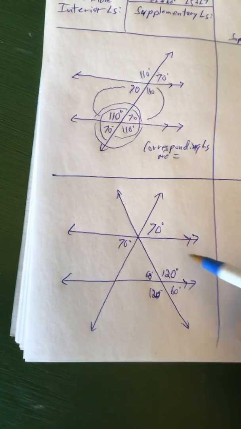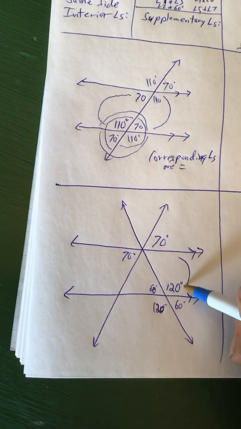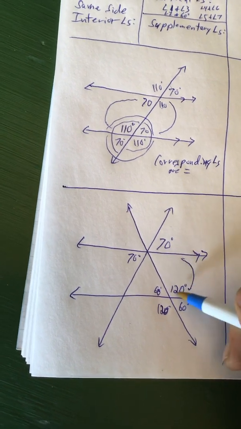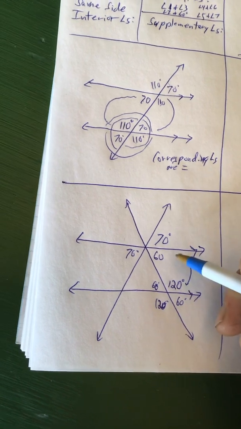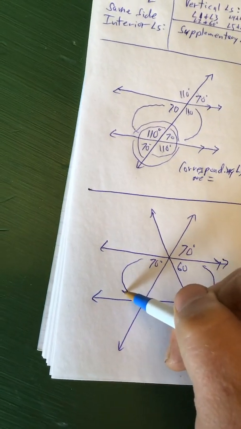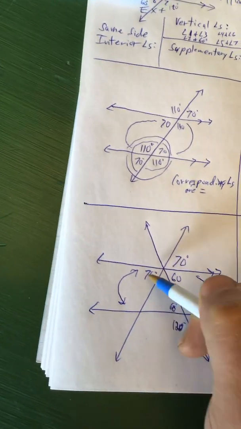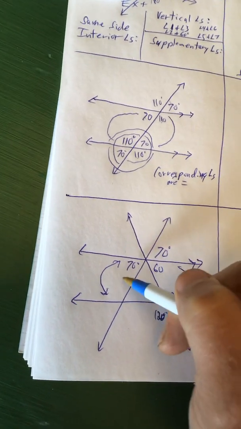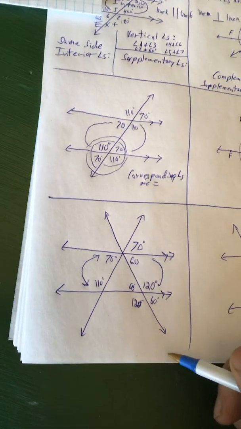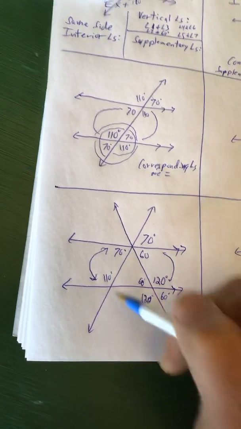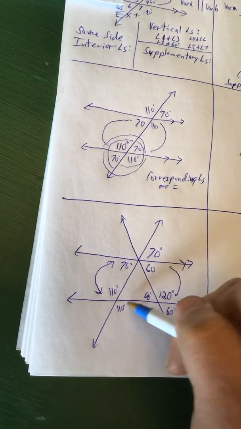Now for same side interior, these two have to add up to 180, so this is 60. Same side interior, these two are on the same side of the interior, that's 70, this is 110. And so vertical, this is 110.